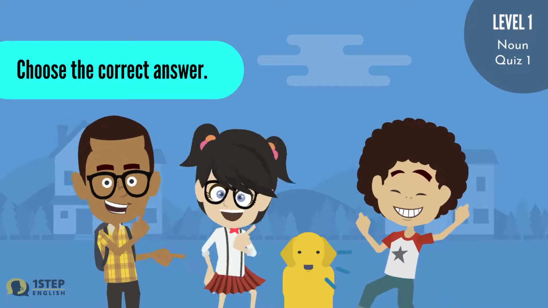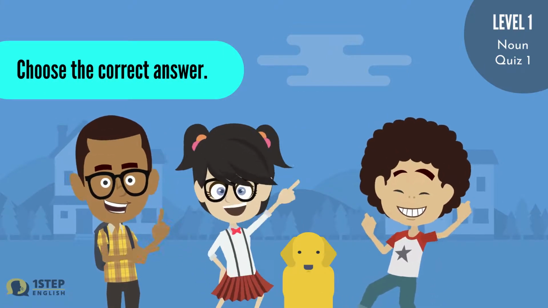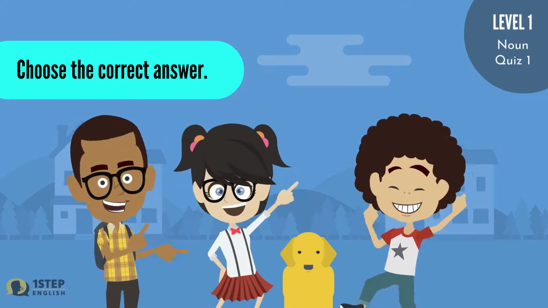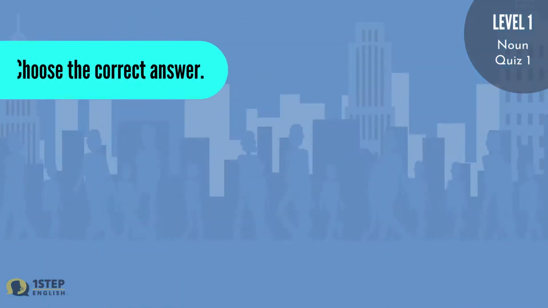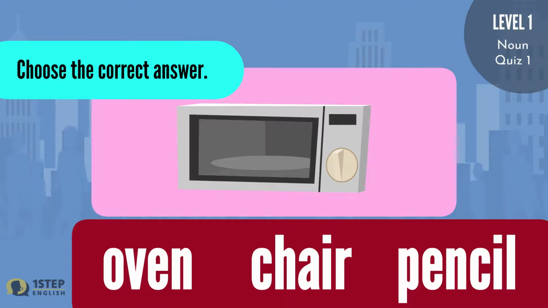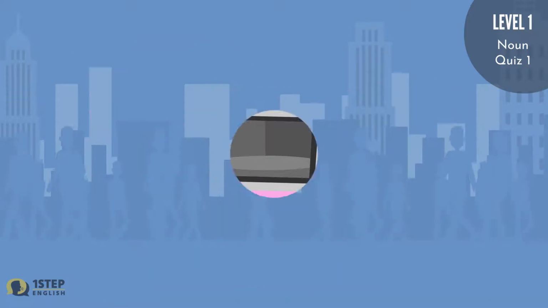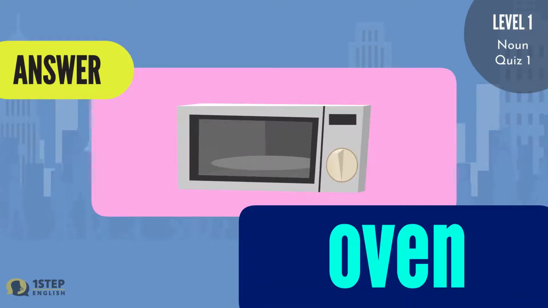Choose the correct answer. What is this? The correct answer is oven.